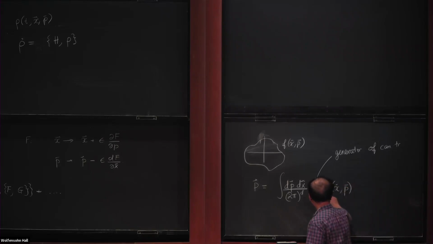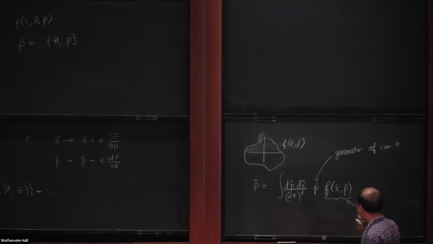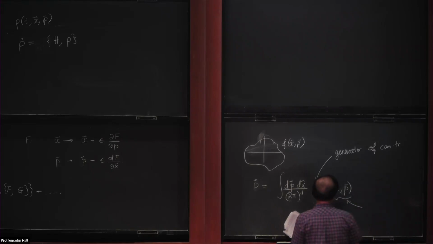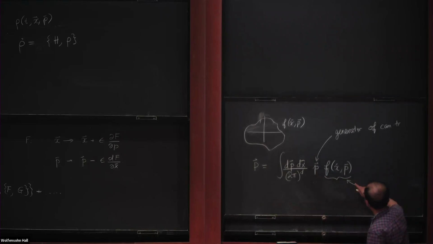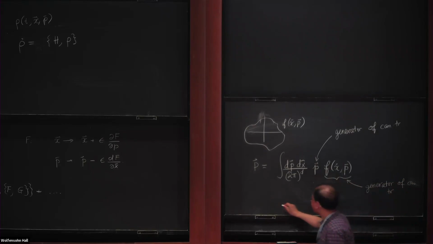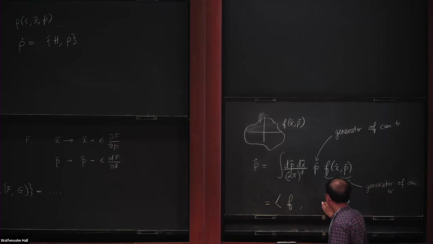And for simplicity, it's not really what I should do, but if I was a mathematician, I would consider this also as a generator, another generator of the canonical transformation, and write this as the scalar product of two generators. One generator is this f, and the other generator is this function p.